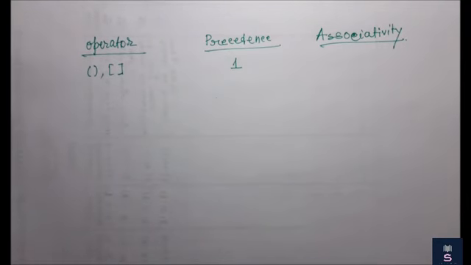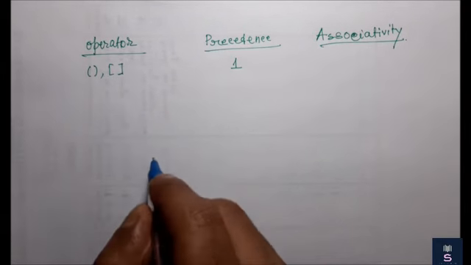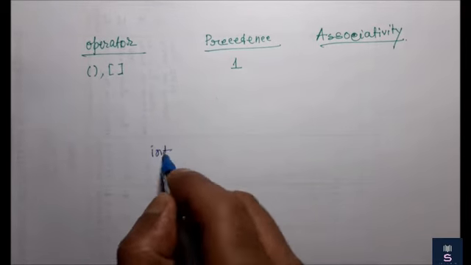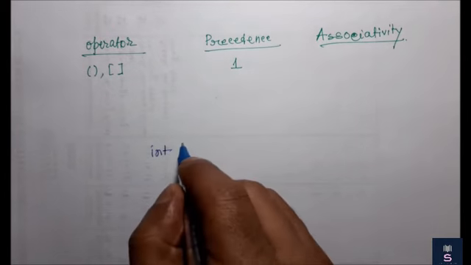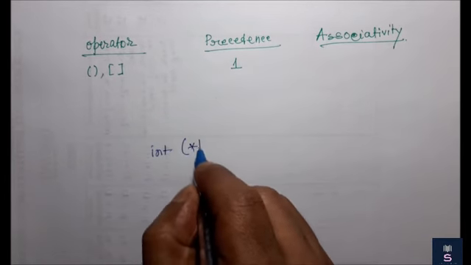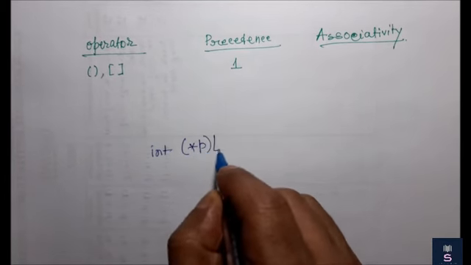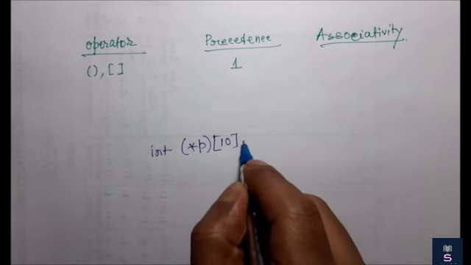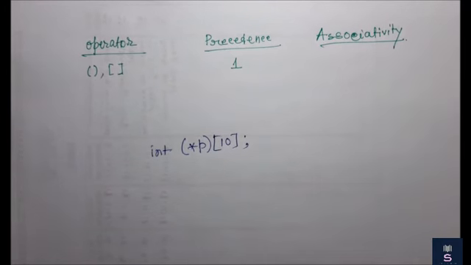Let me take an example so that you can get a clear idea. I am just writing int star p, with a subscript of 10. This is one of the examples. My question is how to read this line, what is the meaning of this line if I don't use the bracket? Most of the time you will get that type of question in your exam.